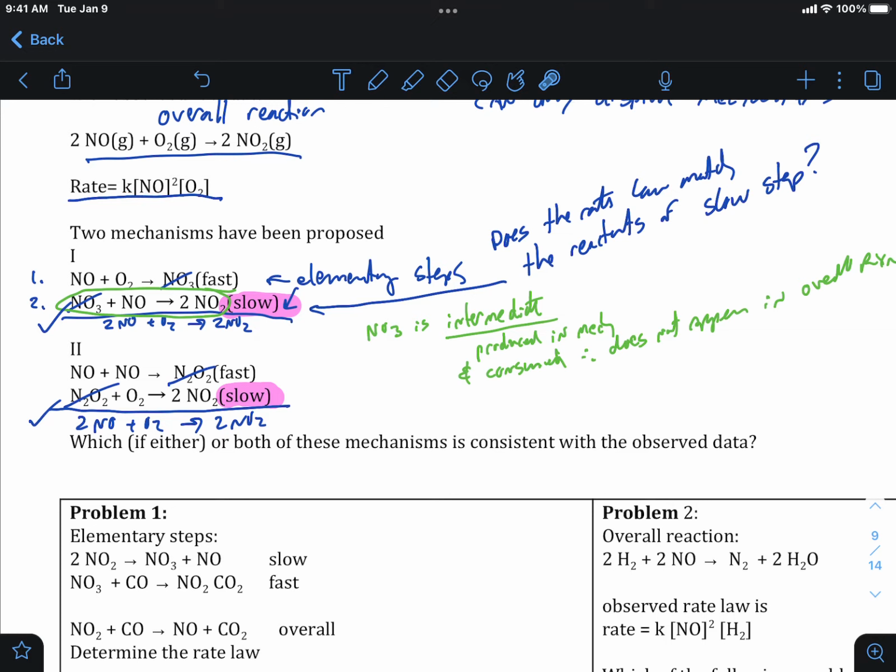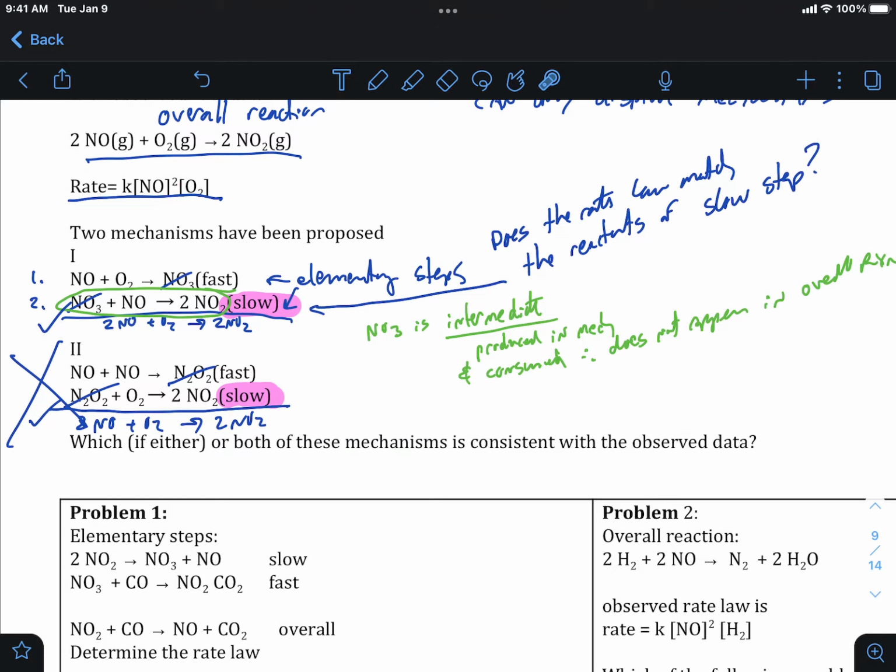So this does not match, because what we're looking for is an elementary step that has these as your reactants.